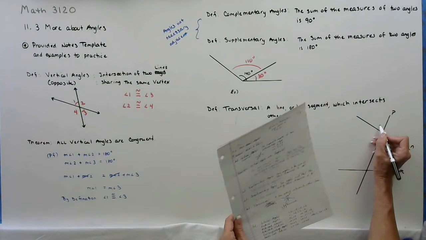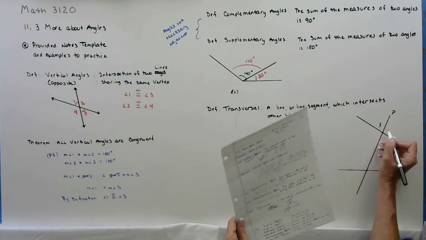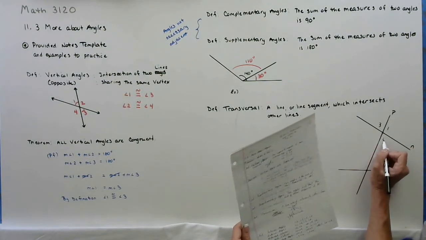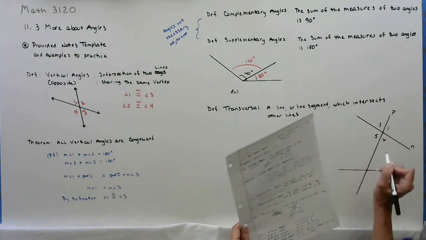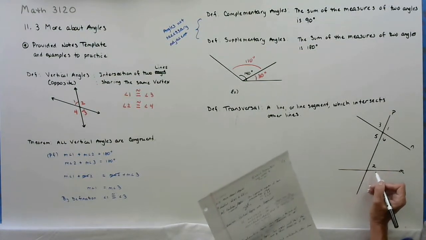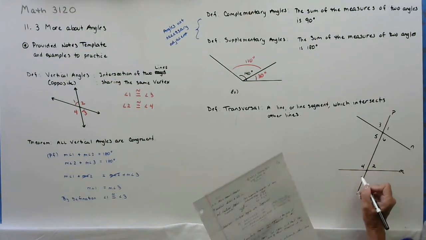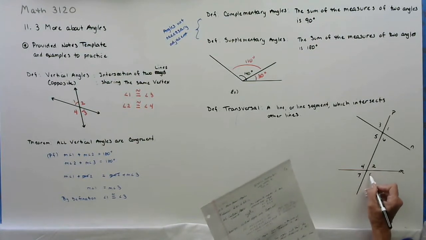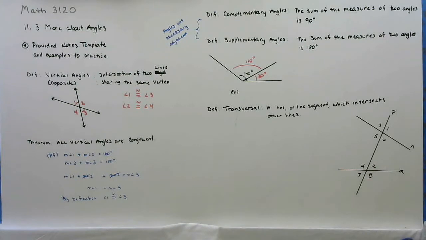And trying to stay consistent with what I gave you on that template, I'm going to call this angle, angle 3, 1, 6, and 5. 2, 4, 7, and 8. And then we're going to look at some terminology on how we can compare them.